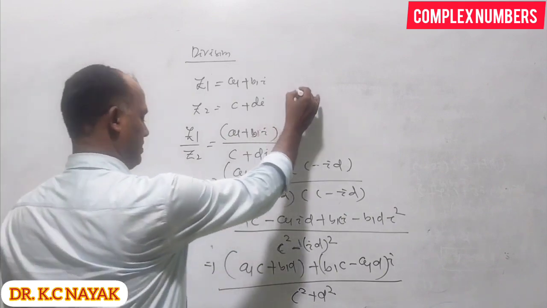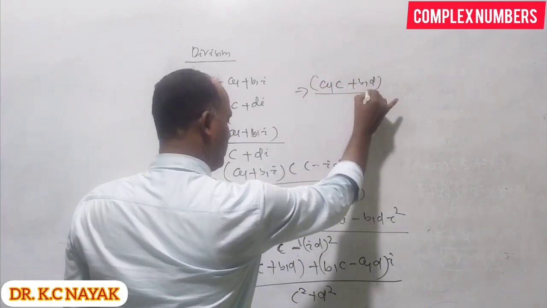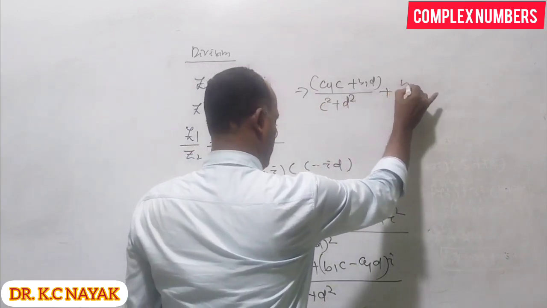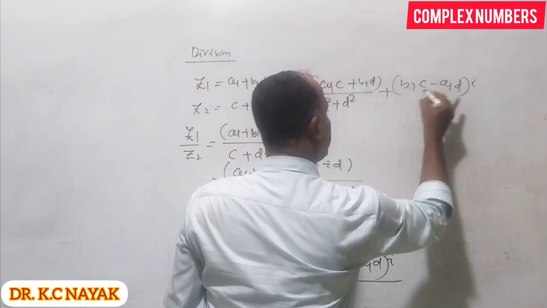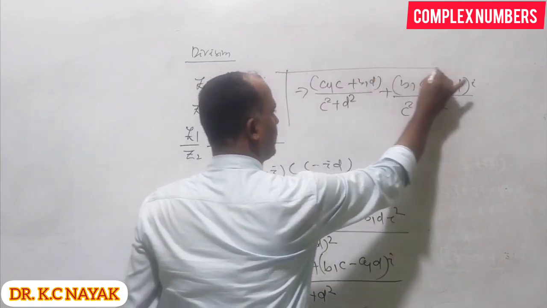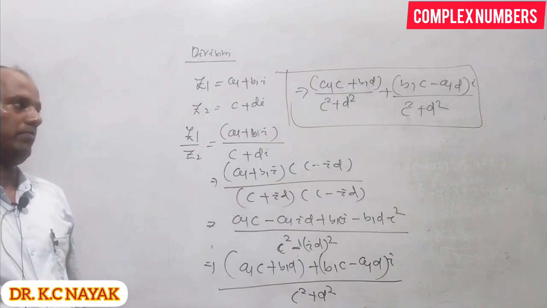That means a1c plus b1d divided by c square plus d square, plus b1c minus a1d times i by c square plus d square. That means division of two complex numbers is also a complex number.